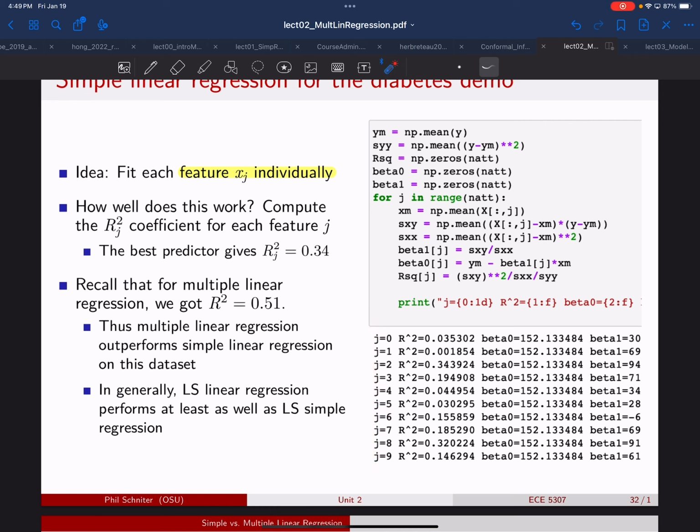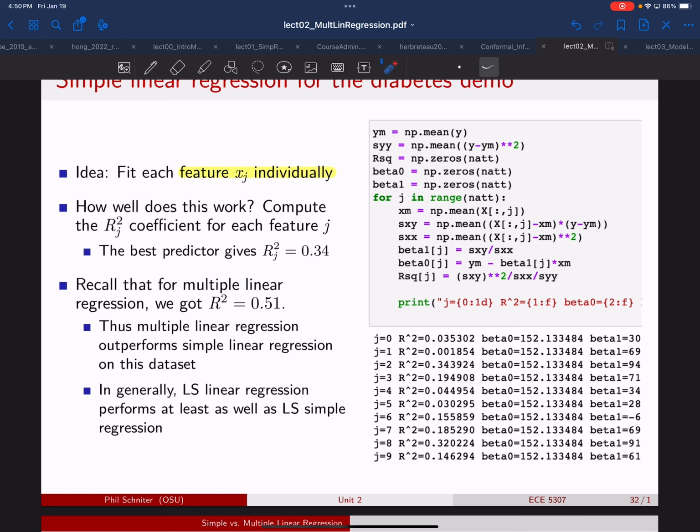Here are the R-squared values. When you look through these, you notice that some of these features on their own are almost useless for predicting the target. Like this one has an R-squared of 0.001, so this is really doing a terrible job. On the other hand, there are a couple that are more successful, like this is 0.343, the second best one is 0.320, and so on.